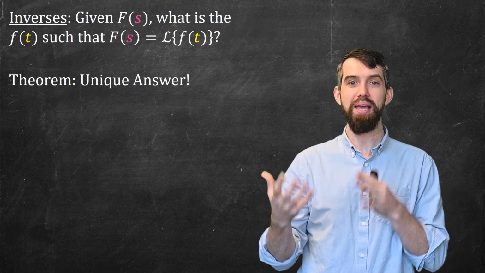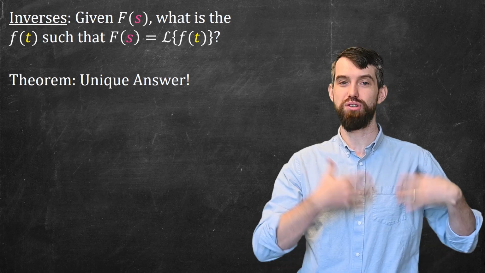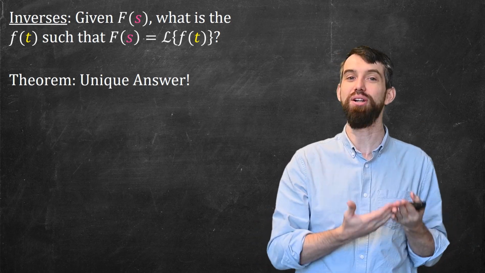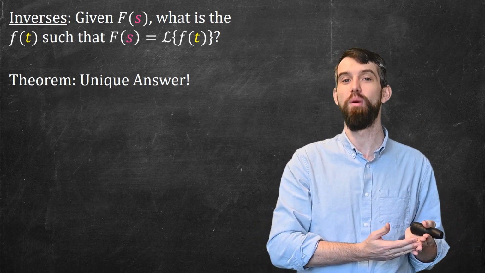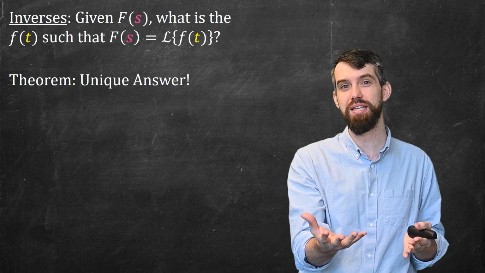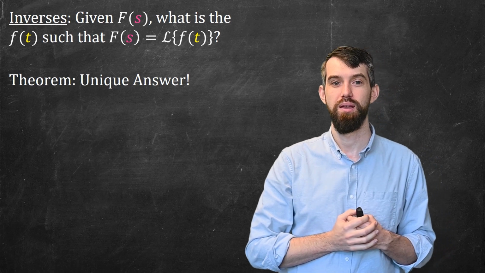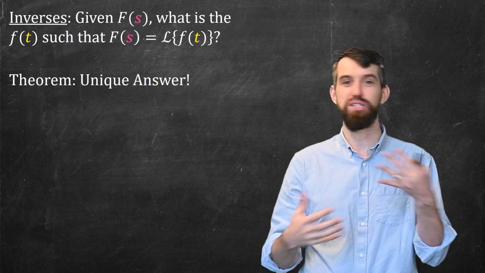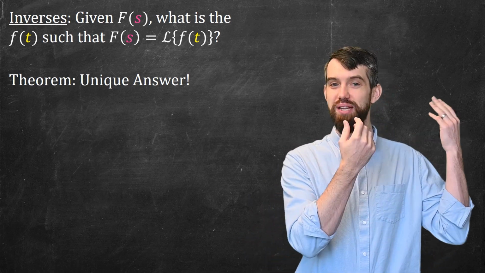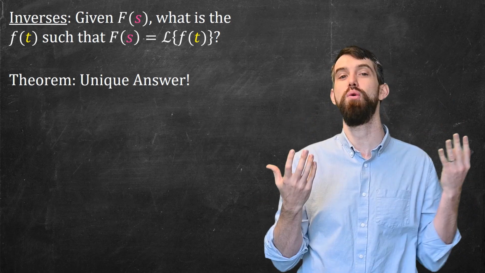That is, if you have a big F of s, and if there turns out to be a little f of t such that the Laplace transform of the little f of t is the big F of s, then there is only one of those. Indeed, we've seen in the past in our study of differential equations that questions about existence and questions about uniqueness go hand in hand.